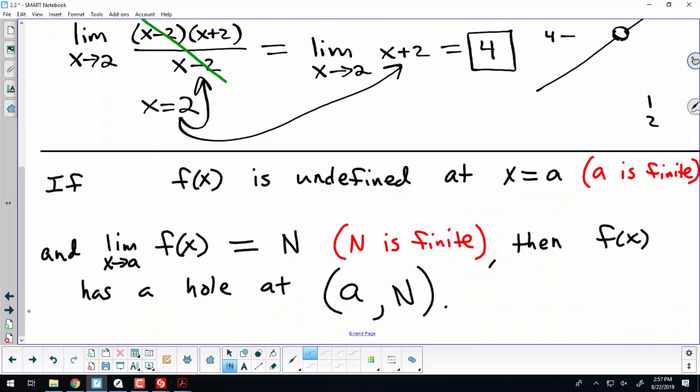And that's always the case. So that's what this statement is saying. If you approach a finite number that your function's not defined at, but you still get a limit in return, then you have a hole at a comma L. Maybe we should change this to L to keep it with our notation or definition, but it doesn't really matter what we call it.